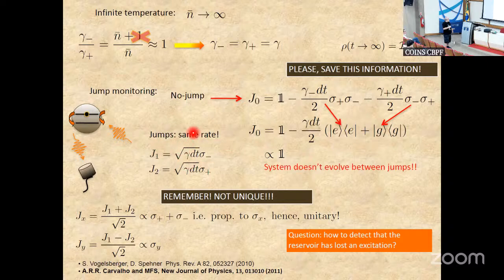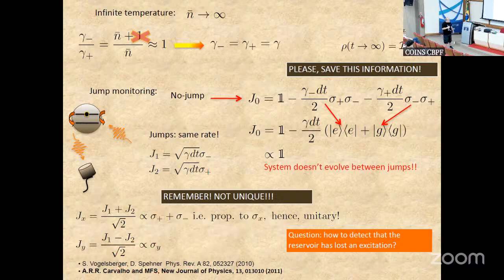The jumps happen at the same rate, but if you remember that this is not unique, I can define new jump operators, which are linear combinations of the previous ones. And if I do this, this new jump operator is proportional to sigma x, and this new one is proportional to sigma y.